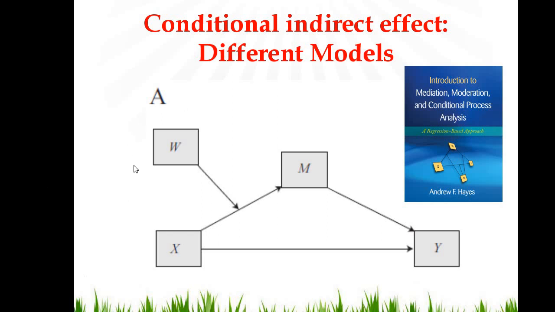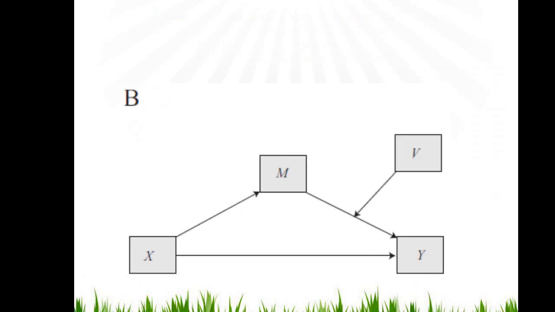So the condition is provided by W. The indirect effect is coming through M. Second model: in this particular model, there is no moderator on the relationship between X and M, rather it's on the M and Y relationship.